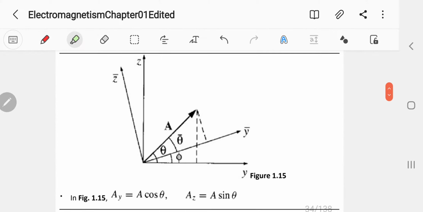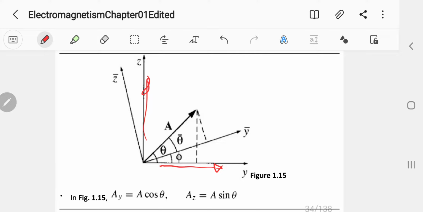So in this case you have this figure. The x-axis is the one that is towards you, the positive x-axis, and the negative x-axis is the one that's going away from you. And then you have the y-axis here and the z-axis here.